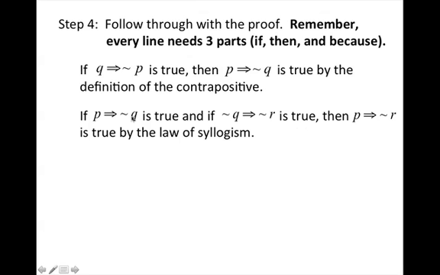Well, now if I leave out the not Q's, I can have P implies not R is true. I know I can leave out the not Q's because of the law of syllogism. So that's my reason. That's my by statement. So I have if P implies not Q is true, and if Q implies not R is true, then P implies not R is true by the law of syllogism.